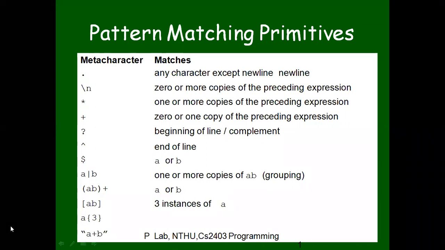Caret is the beginning of the line or complement, and dollar is the end of the line. A or B, 1 or more copies of AB as grouping, (AB)+, and A{3} for 3 instances of A. Like that, we have some pattern matching primitives. These are all default primitives; we are not defining them ourselves.